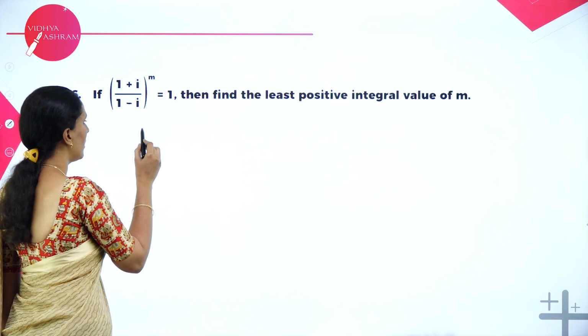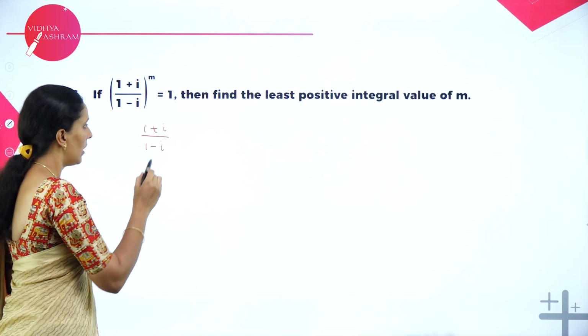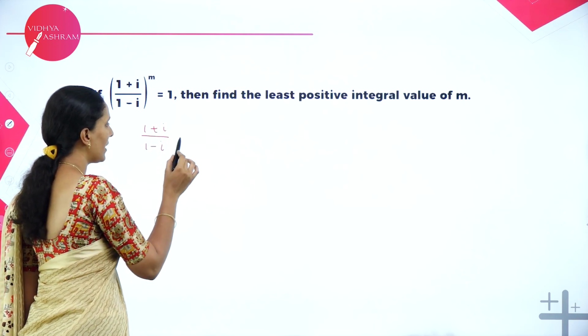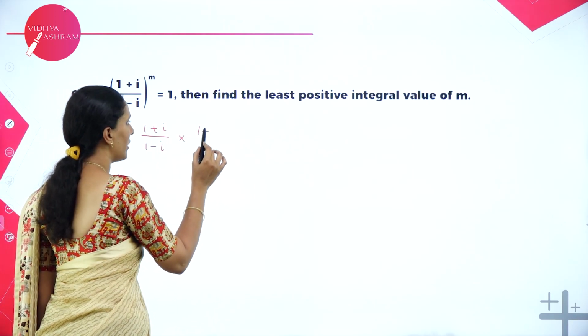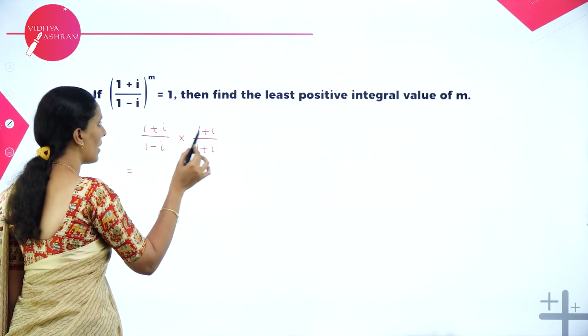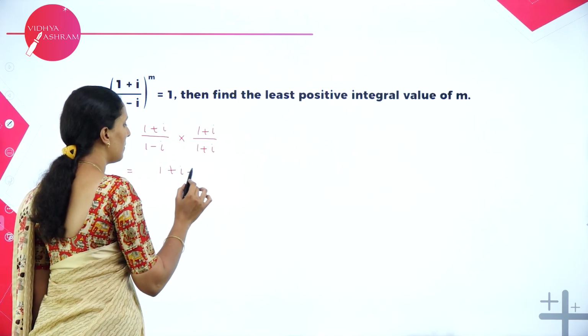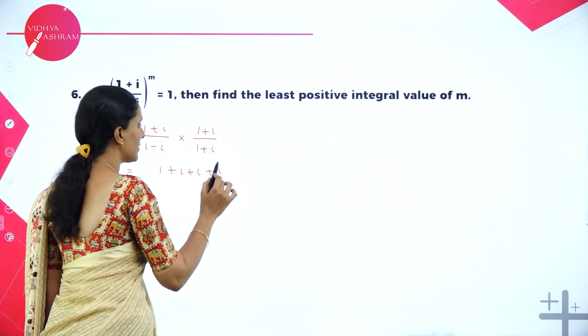So let me take 1 plus i divided by 1 minus i. To simplify this, I'll multiply by the conjugate, 1 plus i by 1 plus i. Now here it is 1 plus i whole square, or 1 plus i plus i plus i square.